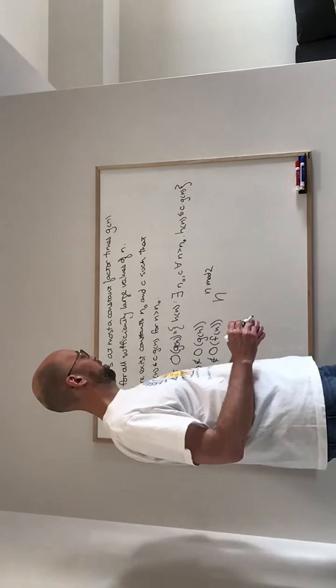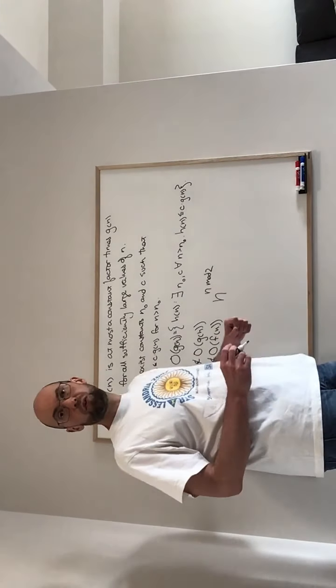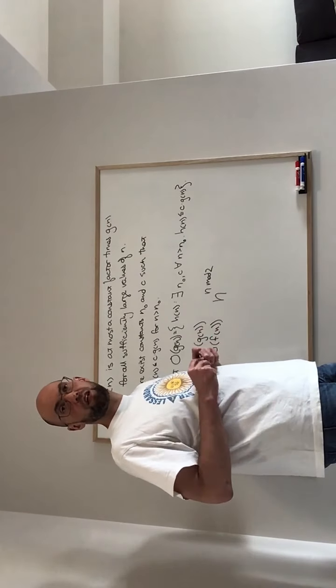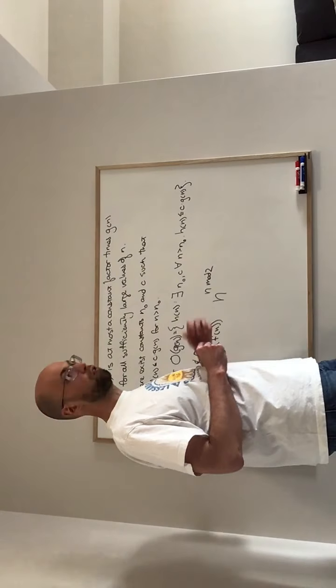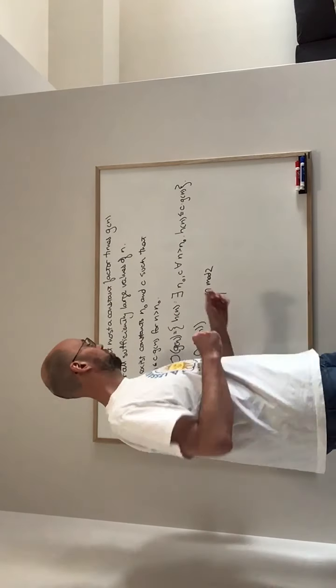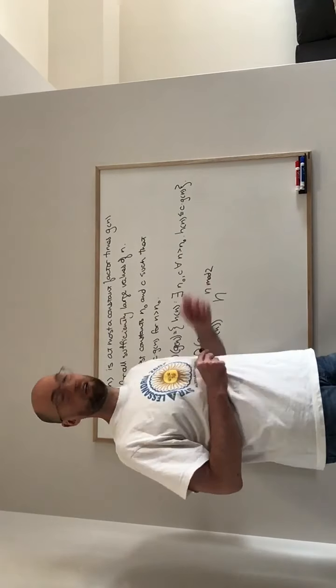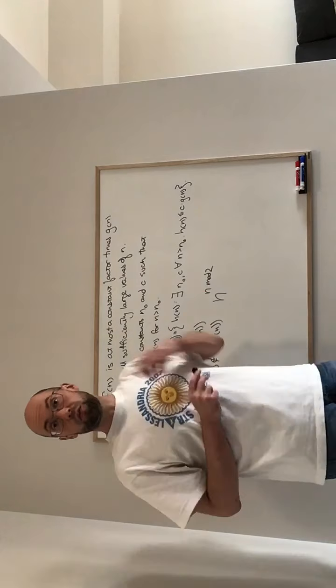For n equals 0, this is 0 mod 2, which is 0, so this is 1. Then n equals 1 gives 1 to the 1 mod 2, which is n. For n equals 2, this is 2 to the 2 mod 2; 2 mod 2 is 0, therefore 2 to the 0 is 1.